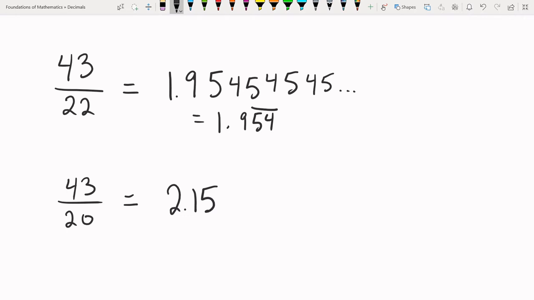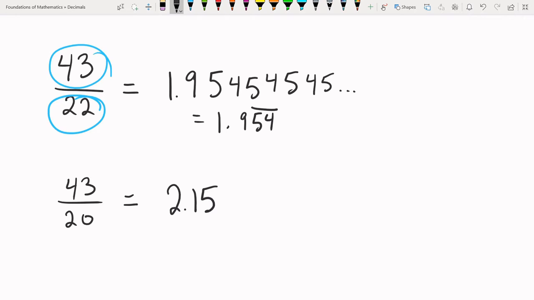Those are called irrational numbers, and they will never be written as these fractions are, which is a whole number over a whole number. And yeah, so you'll never have that case. So that's how you convert between a fraction to a decimal.